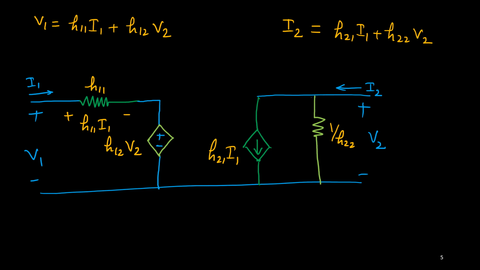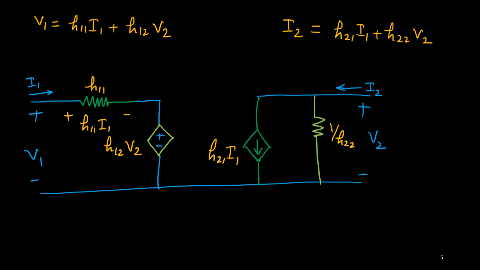So H11 is simply the input resistance, the short circuit input impedance. H12 is the voltage gain, but the reverse voltage gain, the open circuit reverse voltage gain.